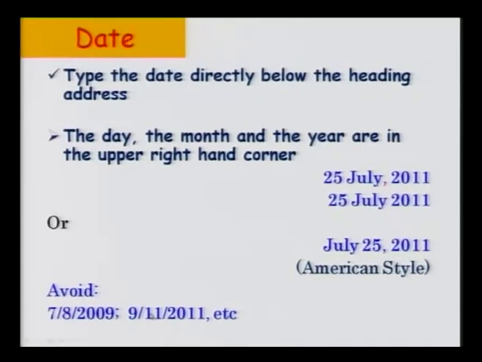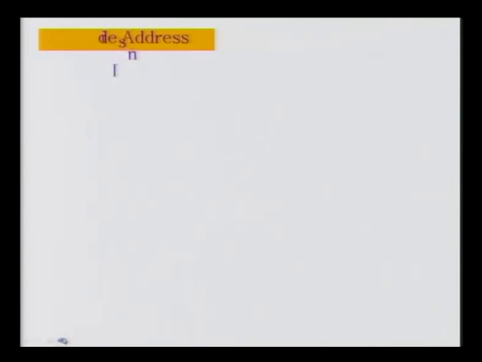So, in order to avoid this confusion, it is suggested that you follow any one of these formats which are given here: 25th July 2011, 25th July without comma 2011, or July 25 with a comma and 2011. In all the cases, the month is written in word form. So, try to follow this form, so it makes it clearer.